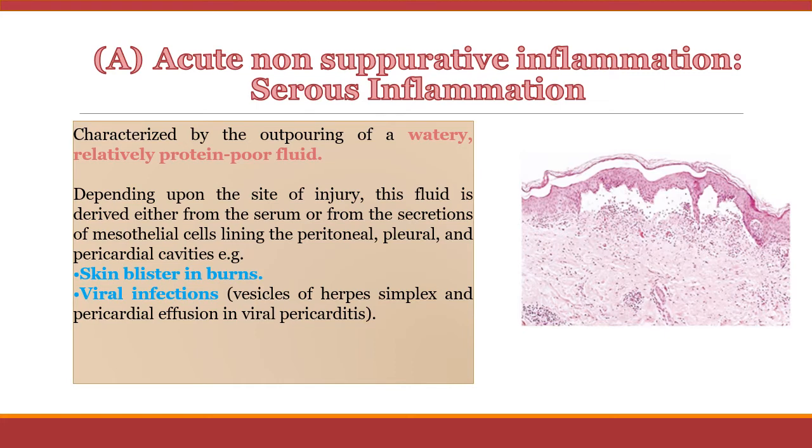The most common causes are burns and viral infections that can affect the skin or the serous sacs, such as pericardial effusion and also other types of effusion in different serous sacs like the pleura or peritoneum.